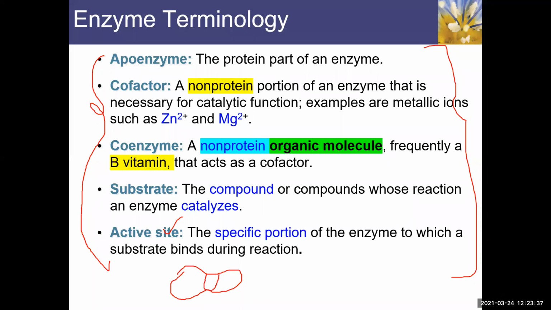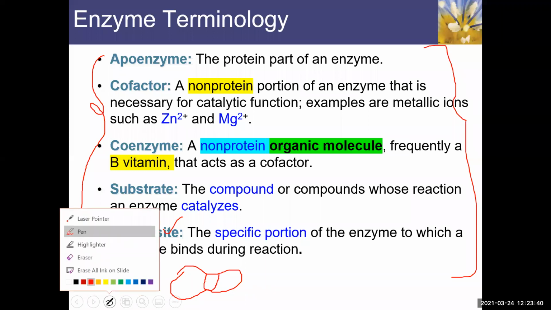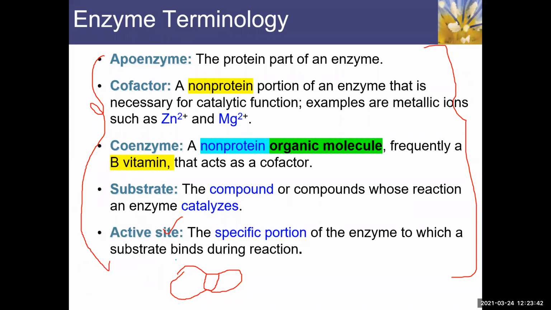This is the place where my substrate is going to bind. This is called an active site. It's like a pocket in the enzyme where the substrate binds to it. Substrate binding site is an active site.